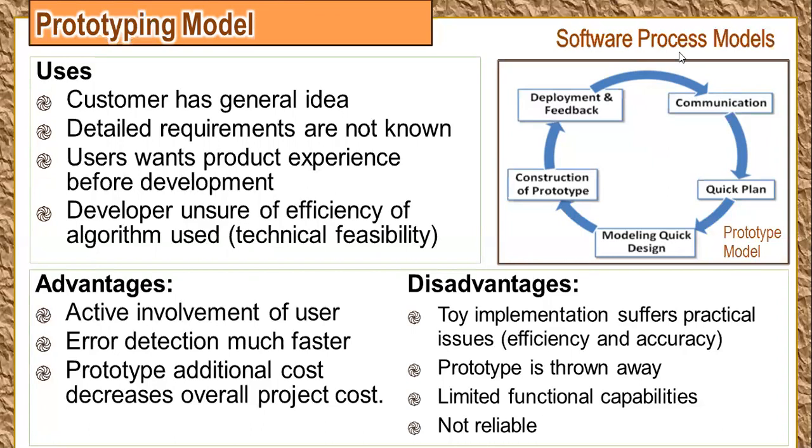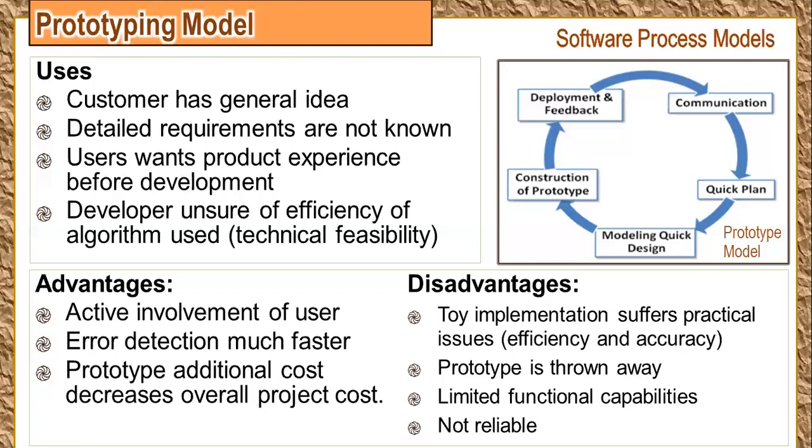Let us now see the prototyping paradigm. The prototyping paradigm in the diagram begins with communication. The users and the stakeholders meet to define overall objectives of the software. Stakeholders are those people who are directly impacted by the outcome of the project.